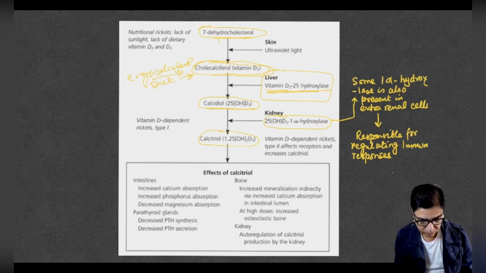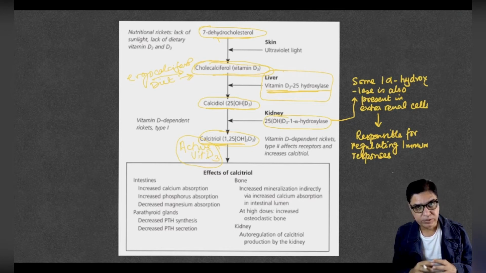Now you have 1,25-dihydroxycholecalciferol, also known as calcitriol or active vitamin D3, because this is the one that exerts its effects and helps in absorption of calcium and phosphate from the intestines. This calcitriol binds to its receptors and leads to changes that cause absorption of calcium and phosphate from the diet.